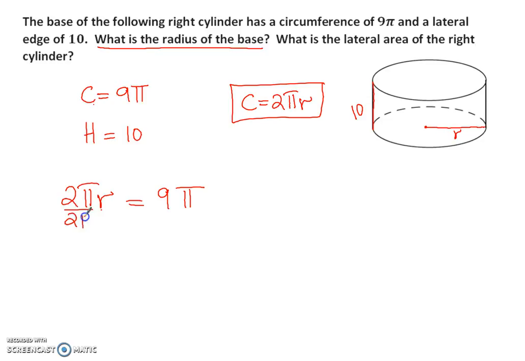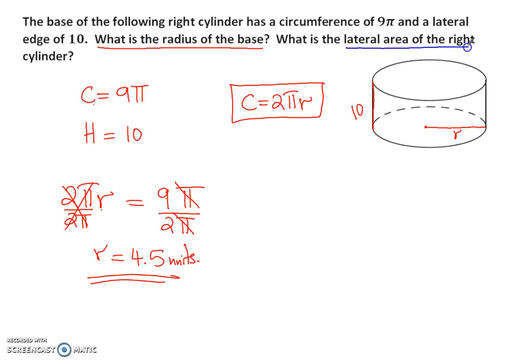You divide both sides by 2 pi, so this will cancel, and pi and pi will cancel. 9 divided by 2 is 4.5 units. That's the radius of the base.